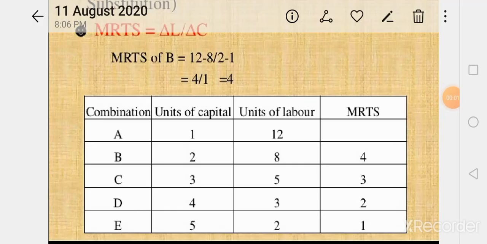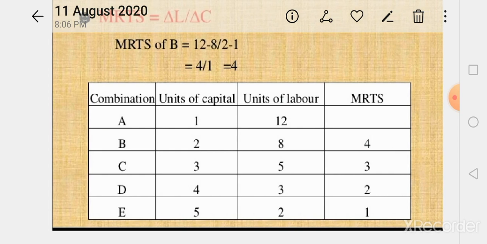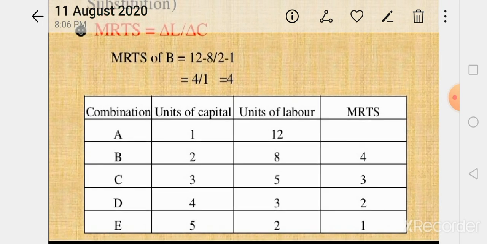The marginal rate of technical substitution for B is 4. Like that, to calculate it for C: units of labor for B, 8, minus units of labor for C, 5, by units of capital 3 minus units of capital 2.